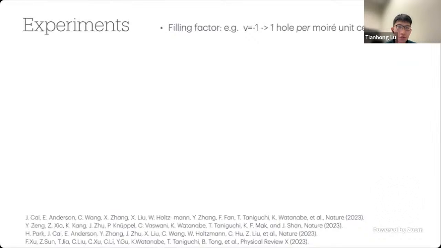When the filling fraction is 1, I'm showing -1 because negative shows that it's hole doping instead of electron doping. If the filling fraction is 1, it means one hole per unit cell. If it's a fraction, it means a fraction of holes per unit cell. For example, if the filling fraction is 2/3, it means on average you have 2 holes every 3 unit cells.